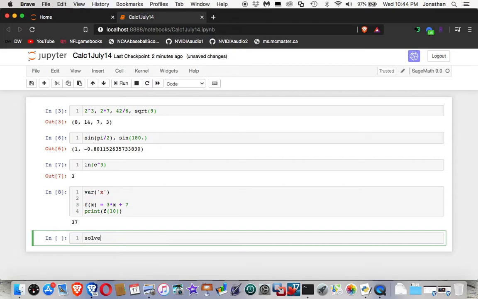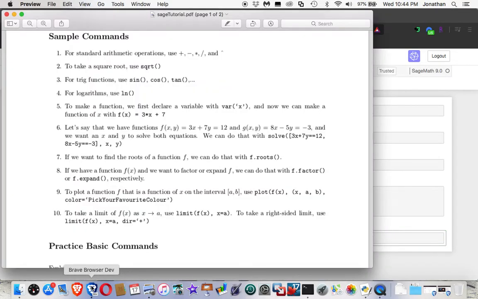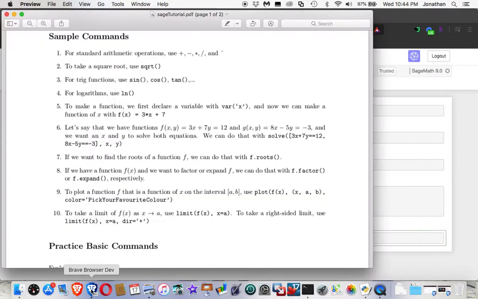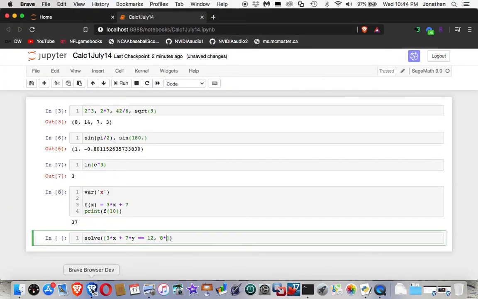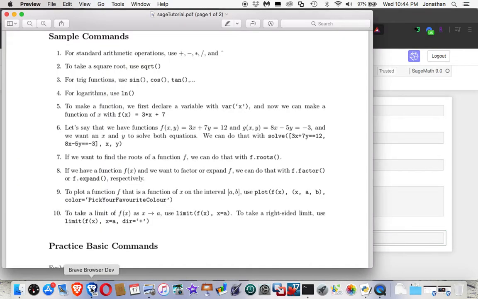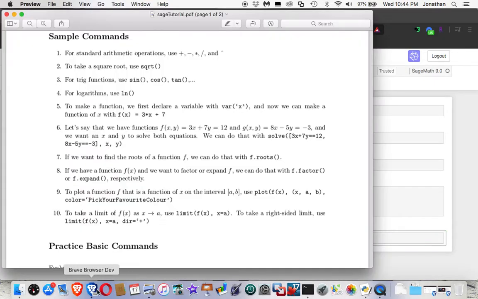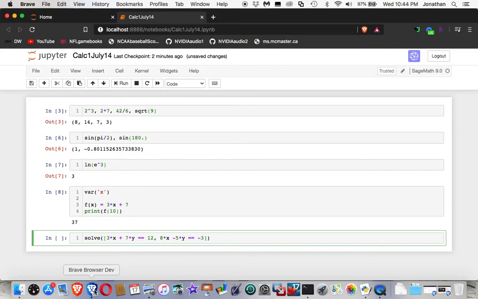So I want to solve the system of equations 3 times x plus 7 times y equals 12. I realize that in the file that I have written here, I'm missing the stars for multiplication. 8 times x minus 5 times y equals minus 3.